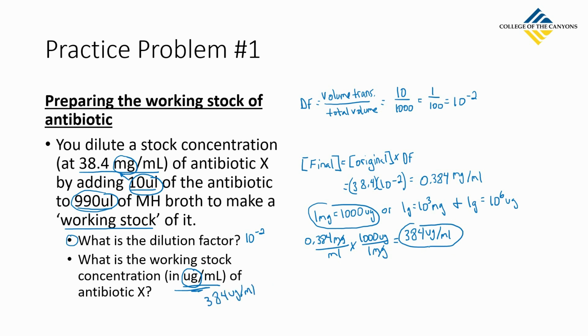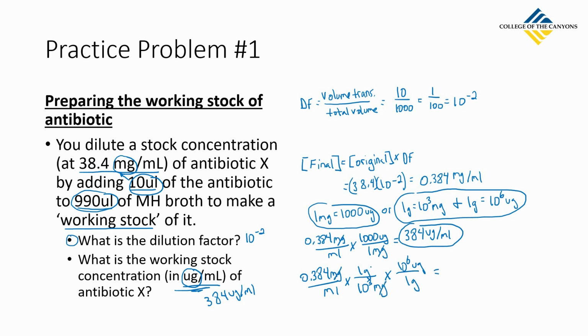micrograms per mil. Now, if we were instead going to use these two conversion factors, we'd start out the same, 0.384 milligrams per mil, and then we could first convert that to grams per mil. So we know that 1 gram is equivalent to 1,000 milligrams, and then we could convert from grams to micrograms because we know that 1,000,000 micrograms is equivalent to 1 gram. So let's check.